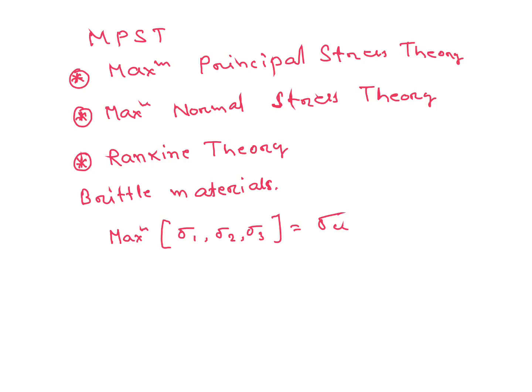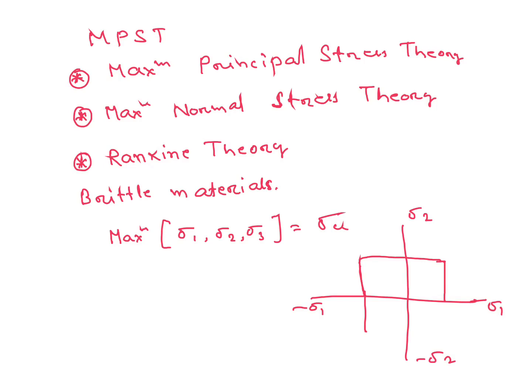Graph is sigma 1 minus sigma 1, sigma 2 minus sigma 2. Like this. This is the graph for maximum principal stress theory.